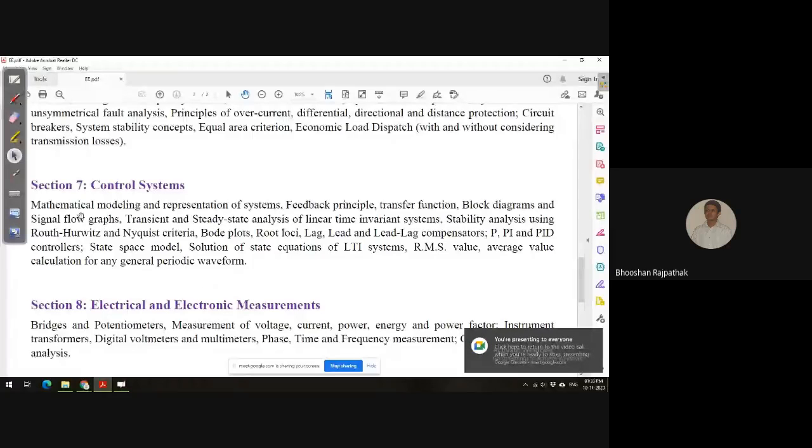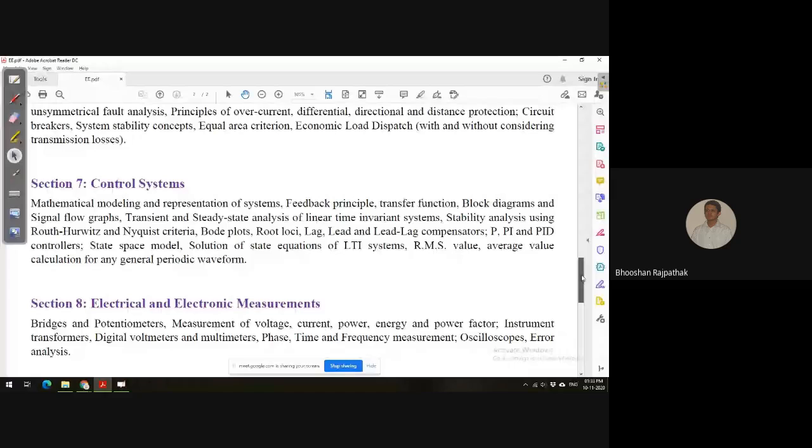Yes, sir. Okay, so this is the updated GATE syllabus, which will come into effect from 2021.